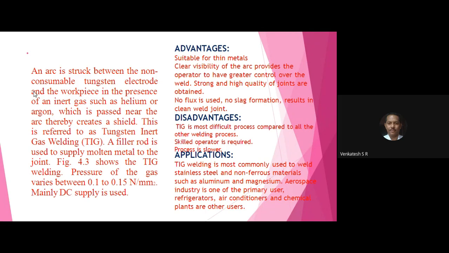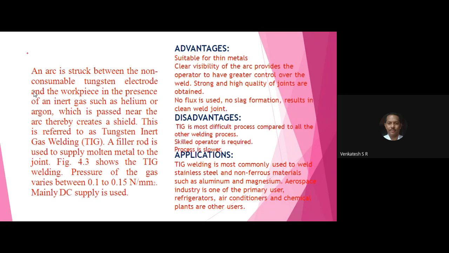Remember, passed near or around the arc, thereby creates a gas shield. Full stop.